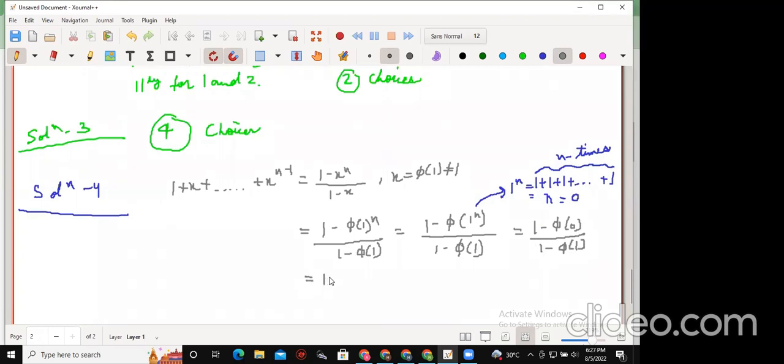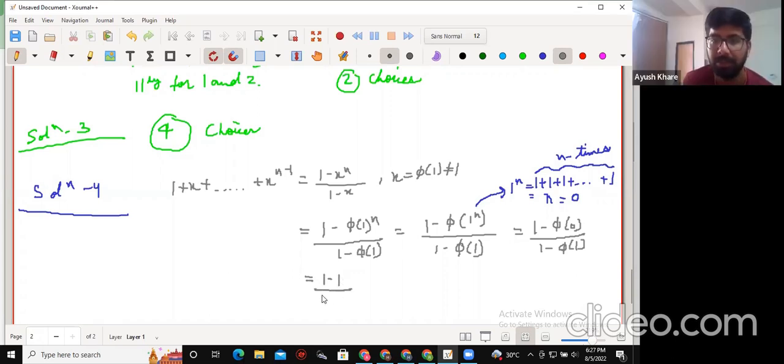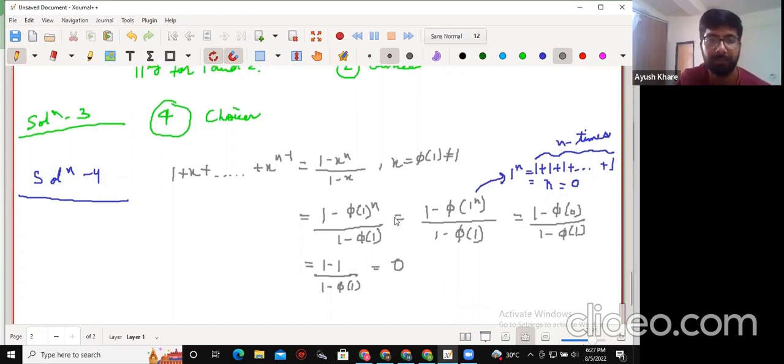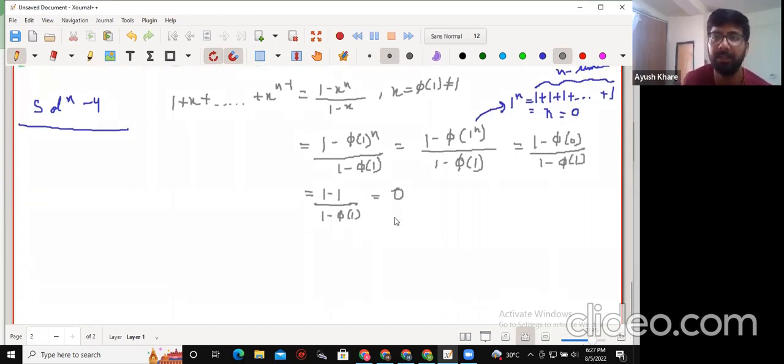It's the identity of the other group, and here the group is the group of complex numbers with multiplication, whose identity is 1, so we are having 0. So this expression is 0 when x is the image of 1 under any non-trivial homomorphism. That's an interesting result, isn't it?